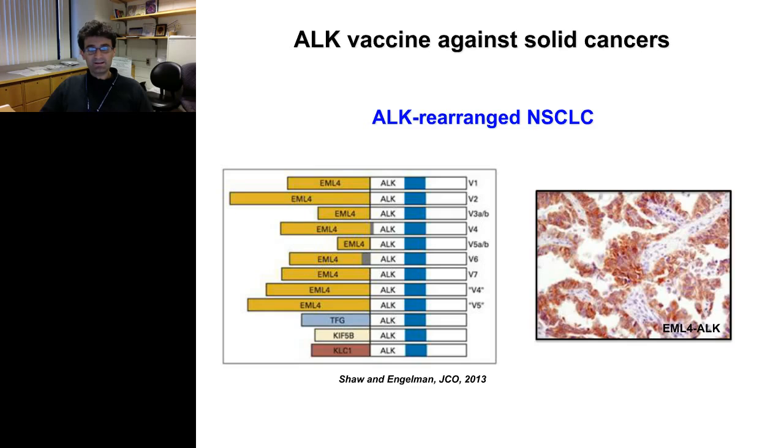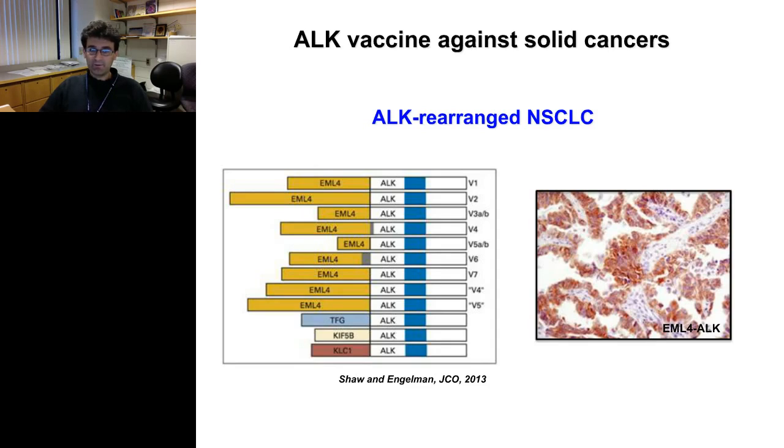And you see that this translocation, again like in lymphoma, typically fuses the EML4 gene, with a different exon. The length of the EML4 fusion can be different depending on the type of translocation, but the ALK portion in this fusion is always almost identical.